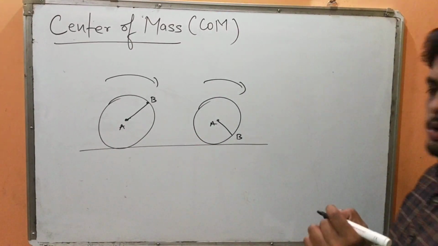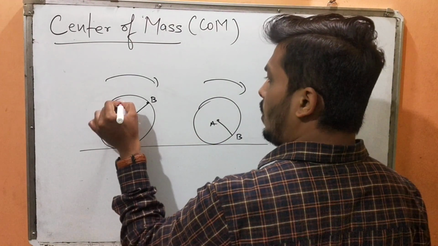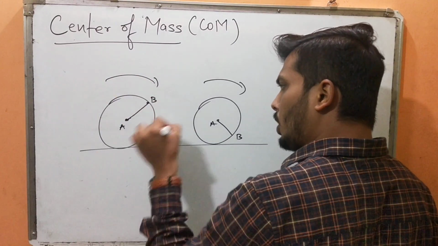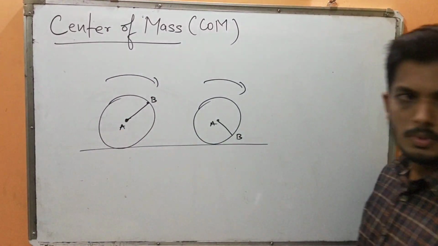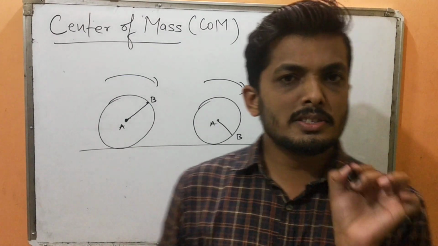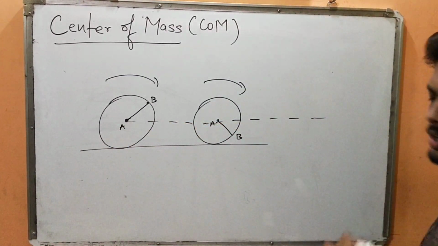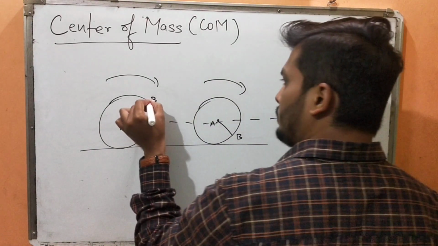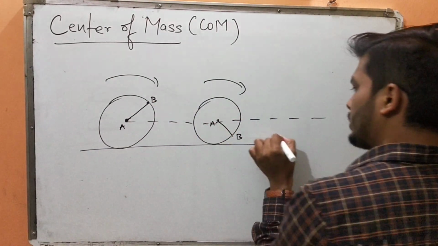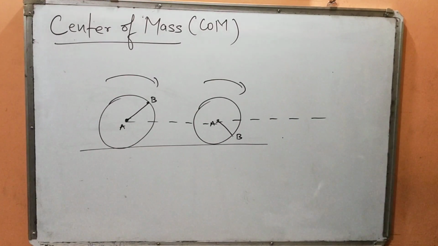Now you are observing one interesting thing: all the particles are revolving around this point A. That A point is there only. If I draw a line, it somehow looks like a straight line only. But look at the other point. B was here, it went here, after some time it may be here, it may be here.